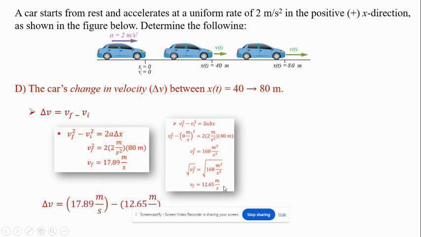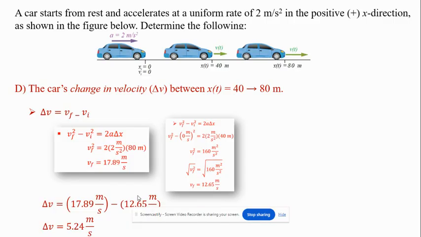So therefore, I know my values. My final velocity at 80 meters, again, this work here is for 80 meters, is 17.89. I plug that in. And then the car is moving at 12.65 at 40, which is, again, indicated here in the displacement function that I use. And then if you do that, you will get a change of 5.24, okay?